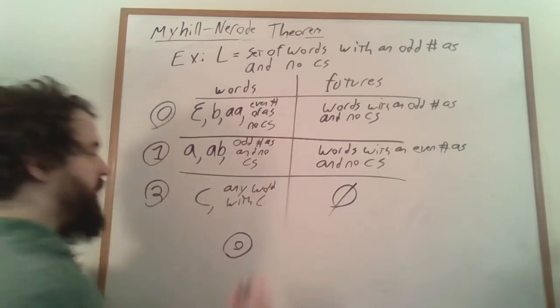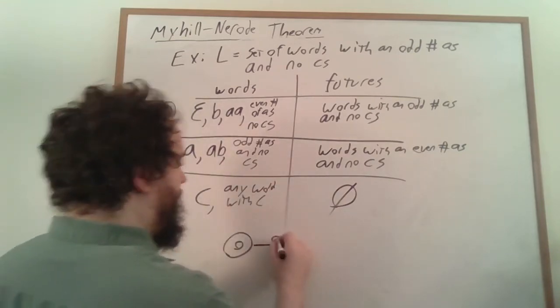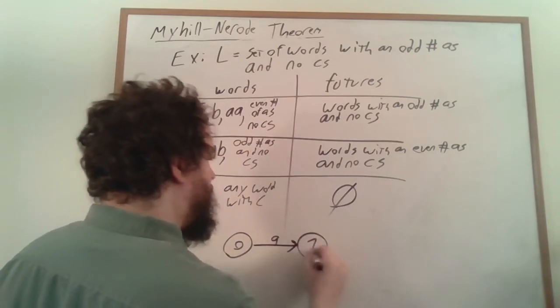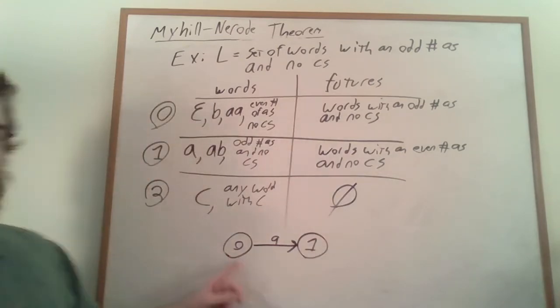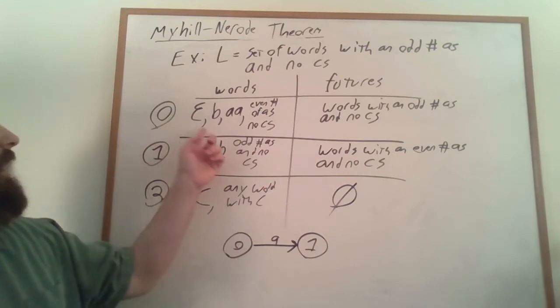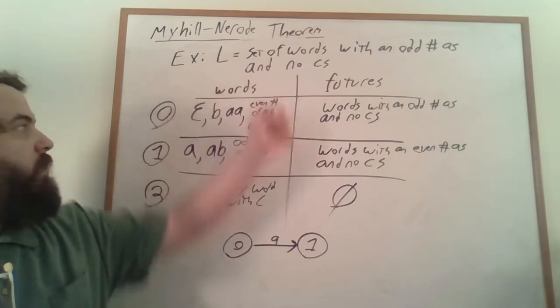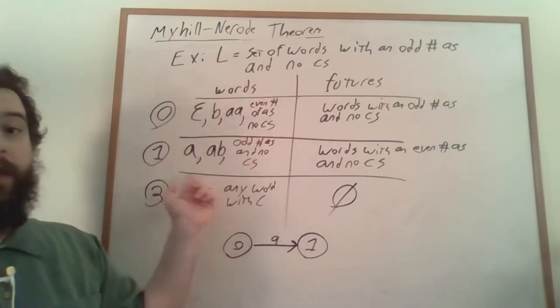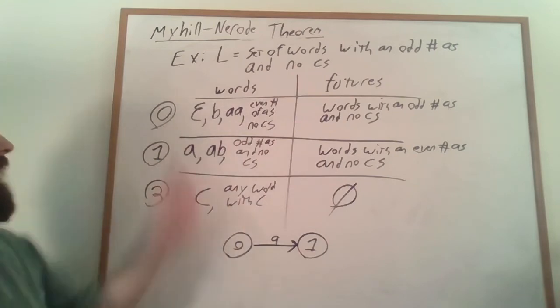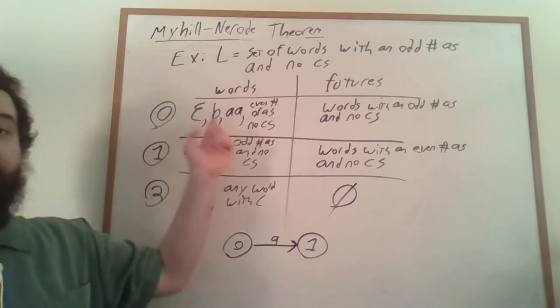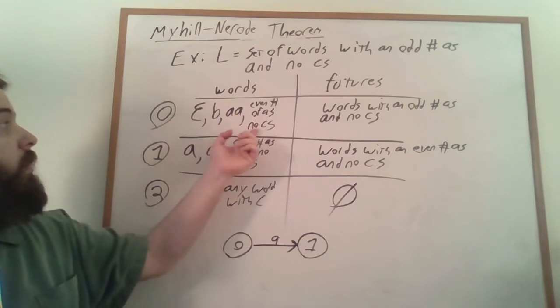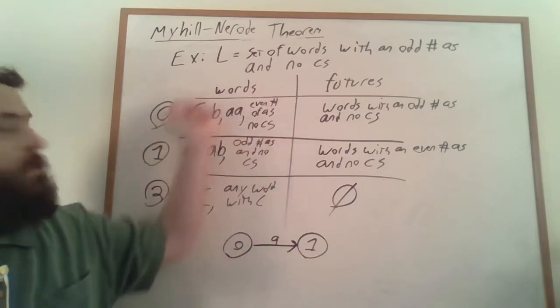And so reading in an A is going to take us from state 0 to state 1, from the state of having read one of these words to the state of having read one of these words. On the other hand, if we take one of these words and tack a B onto the end, we're going to get another one of these words.